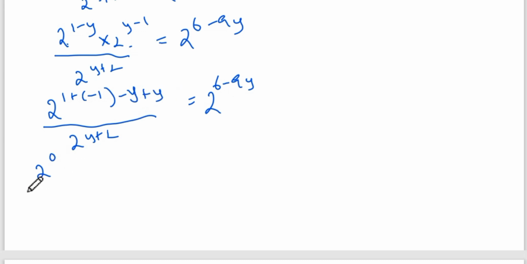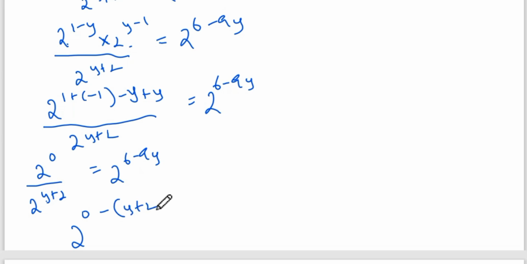So this is 2 raised power 0 divided by 2 raised power y plus 2 is equal to 2 raised power 6 minus 9y. Division changes to minus. So this is 2 raised power 0 minus bracket y plus 2.